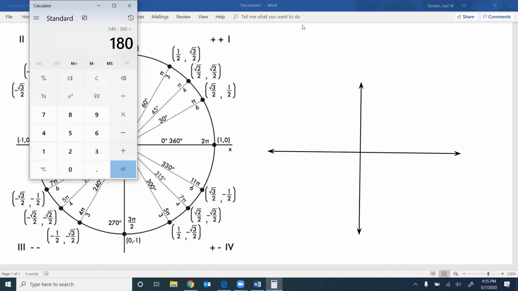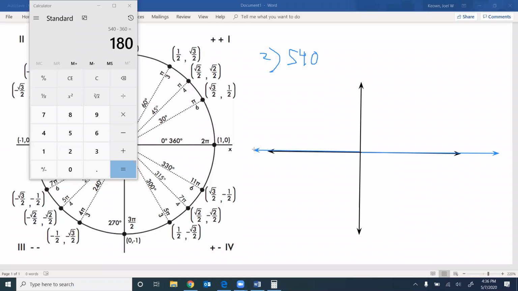Okay, so if I pull my little annotate out, let's see here. We're on number 2, 540. If I start my arrow here at 0, it's going to go all the way around the circle, 360 plus another 180 degrees.